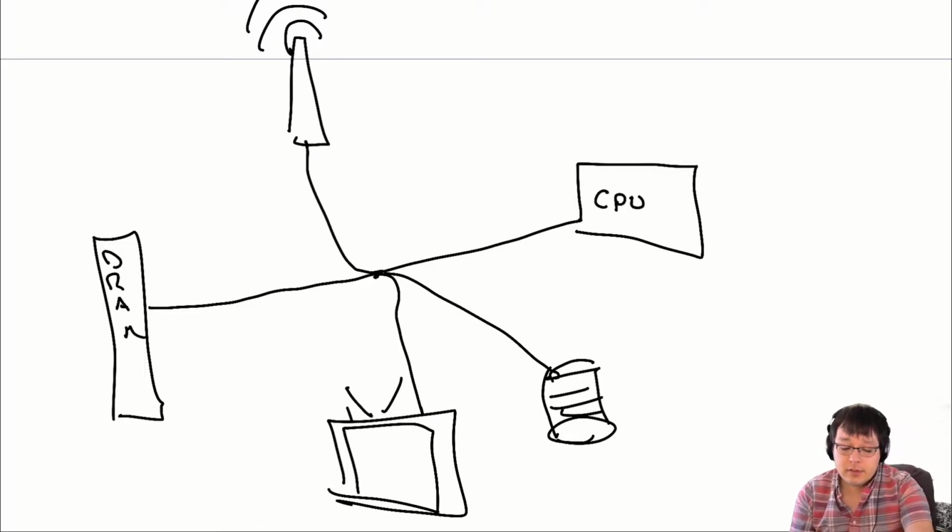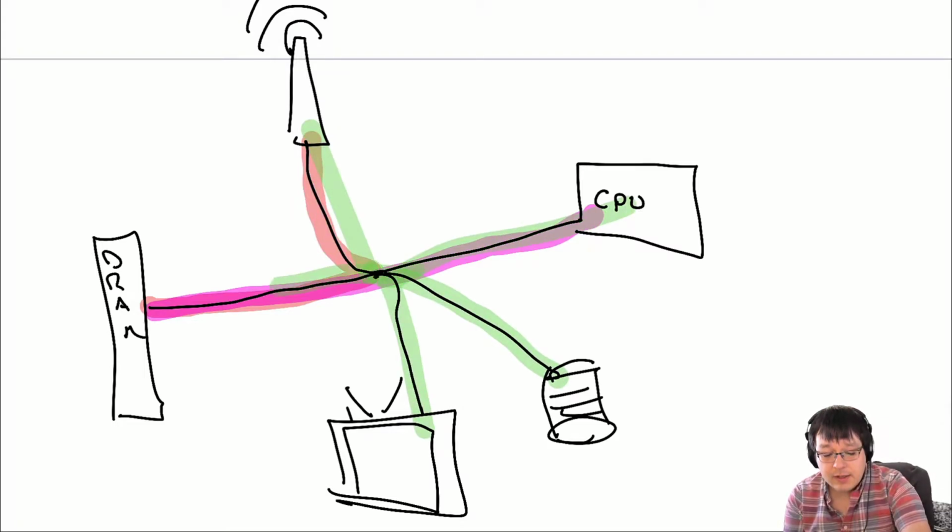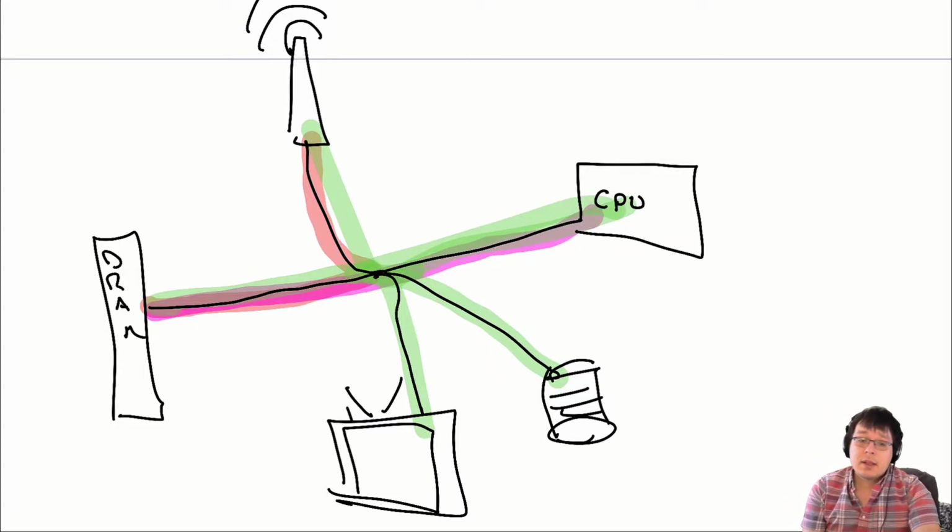It has advantages: it allows everything to communicate with everything. Anything can communicate in any direction. This is great because there are fewer wires running around, but it also causes some challenges.